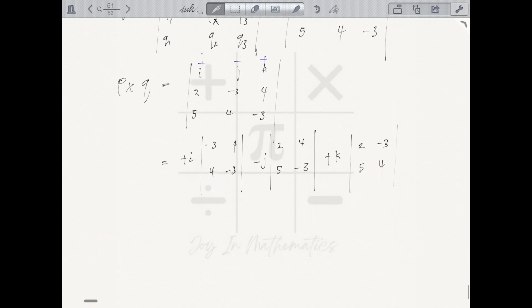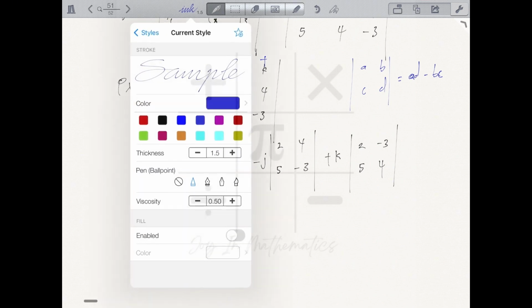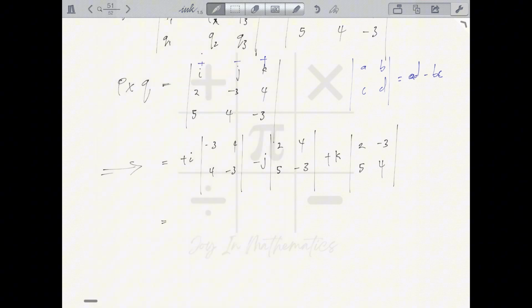So applying the principle of a 2 by 2 matrix determinant, that's A, B, C, D, which will be equal to AD minus BC. With that done, we apply it to this. Positive i, so this will be minus 3 multiplied by minus 3, minus 4 multiplied by 4.